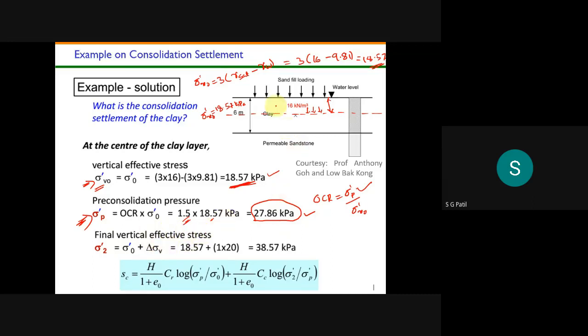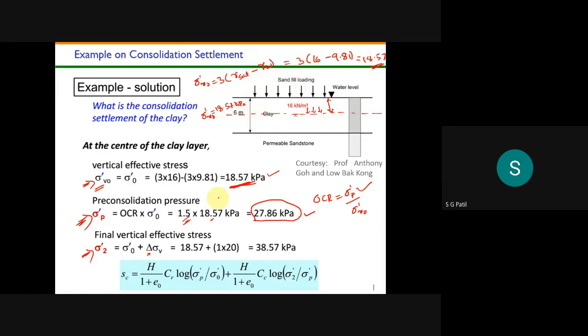Final means my sigma V naught plus delta sigma. Okay, so that I have to calculate. How can I calculate that? This is nothing but my initial vertical stress, that is sigma V naught or sigma naught dash, plus my change in vertical stress due to this sand layer, whatever sand layer I put on the ground. Okay, so here in this example I have given a sand layer, but sometimes it may be some building.